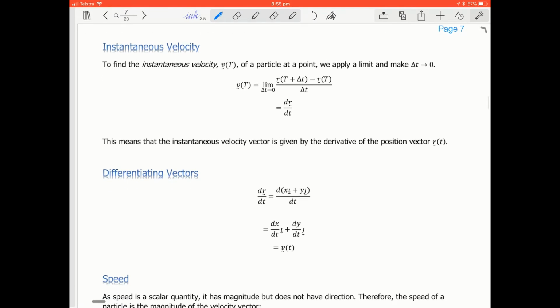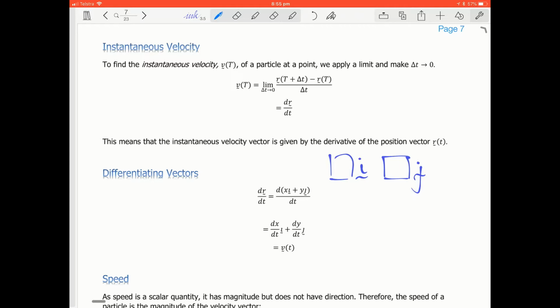Okay, now we want instantaneous velocity. Basically, for instantaneous velocity, we just need to differentiate each component, our x component or our i component, with respect to t, and likewise for our j component.